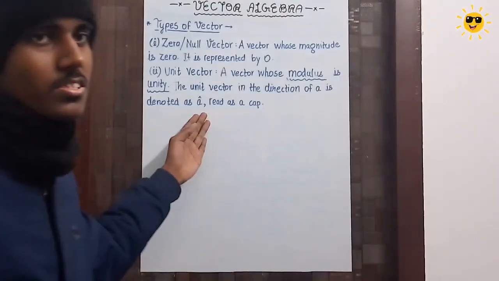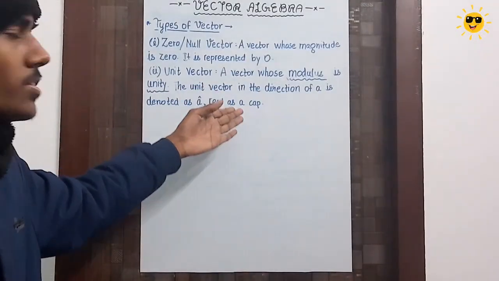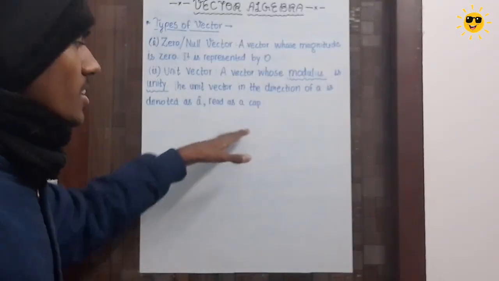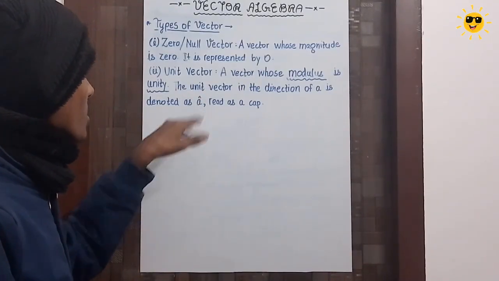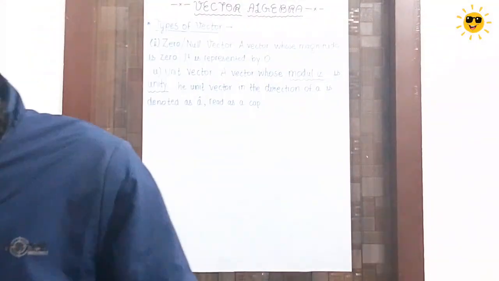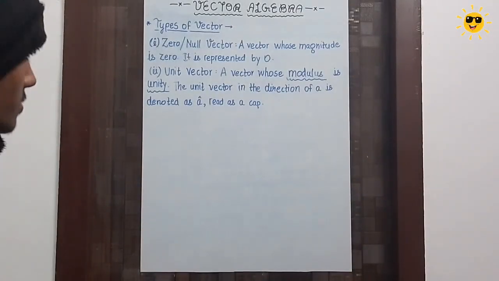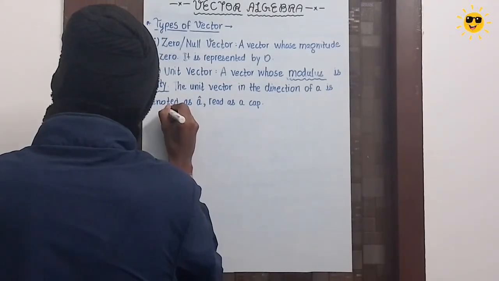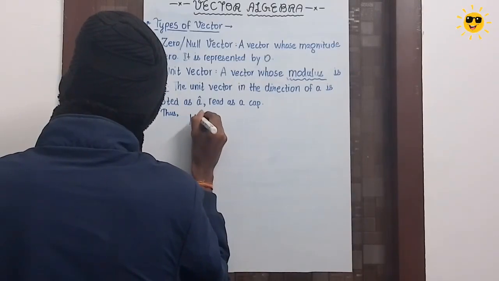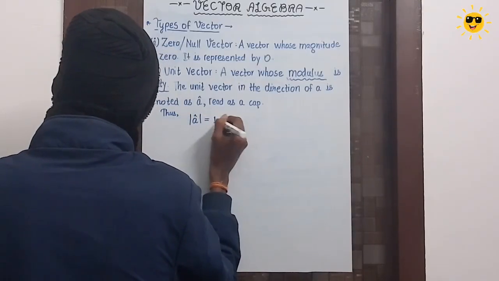A cap is the notation to represent the unit vector in the direction of A. That's it, and it is read as A cap. You know, there's a small sign on the letter, which is read as A cap. Thus, A cap modulus equals 1.